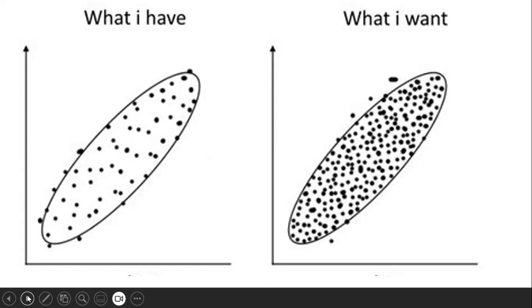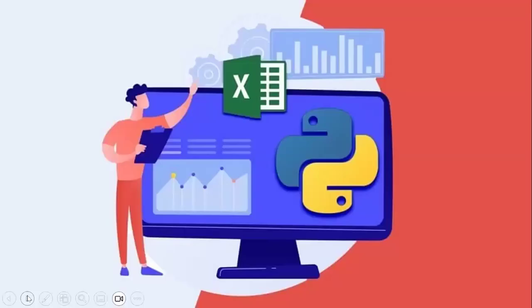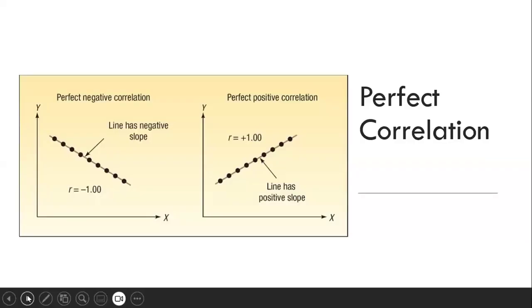I have a small set of data, but what I really would want to build a linear regression on would be something like this, much more data. That will give me the confidence that I can go ahead and use that linear regression in the long run with the organization. Now you might say, why do I need larger amount of data, and can the organization not wait for the data to come?